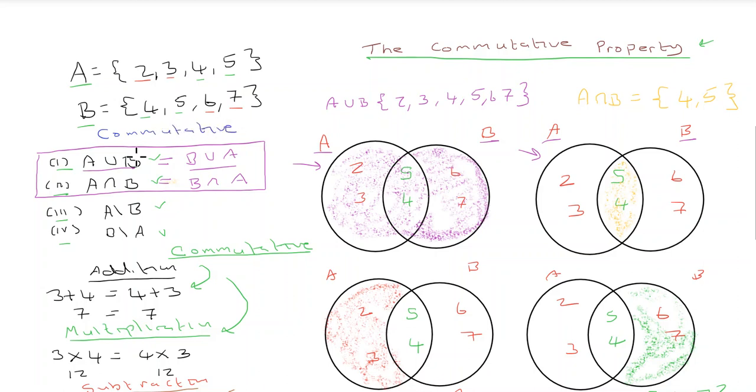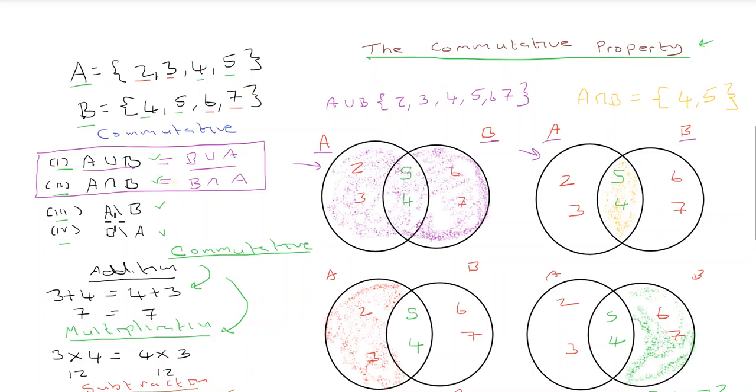If you state it like this, or you state it like this, both of them mean the same thing. And the same with this. These two mean the same thing.